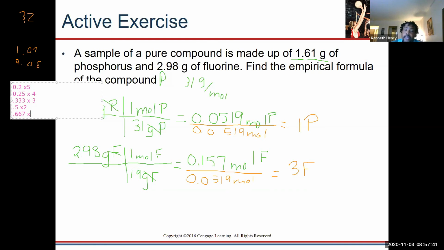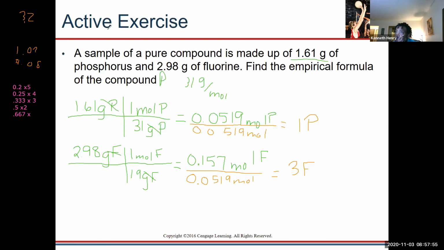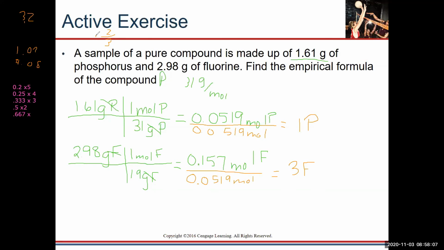Think about a whole number that I can multiply it by. So what is 0.667 in fraction form? 2/3. So what can I multiply 2/3 by to get rid of that 3 at the bottom? 3.